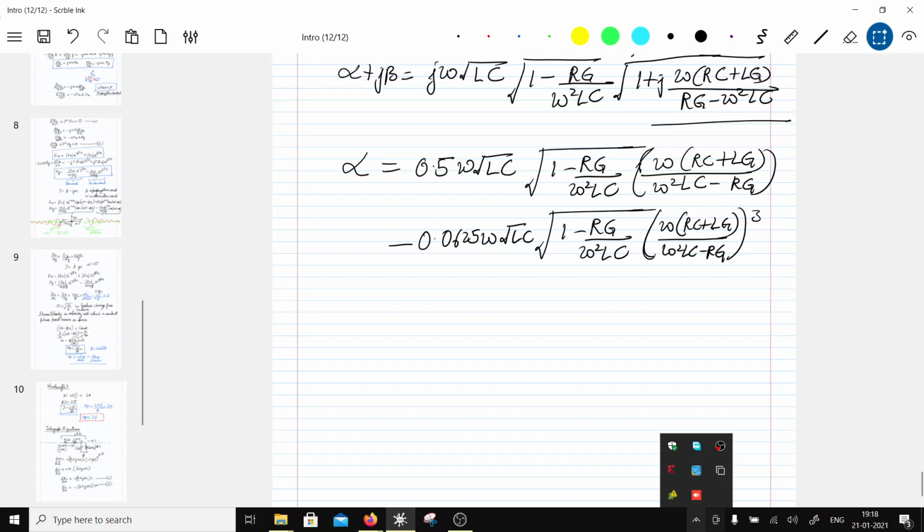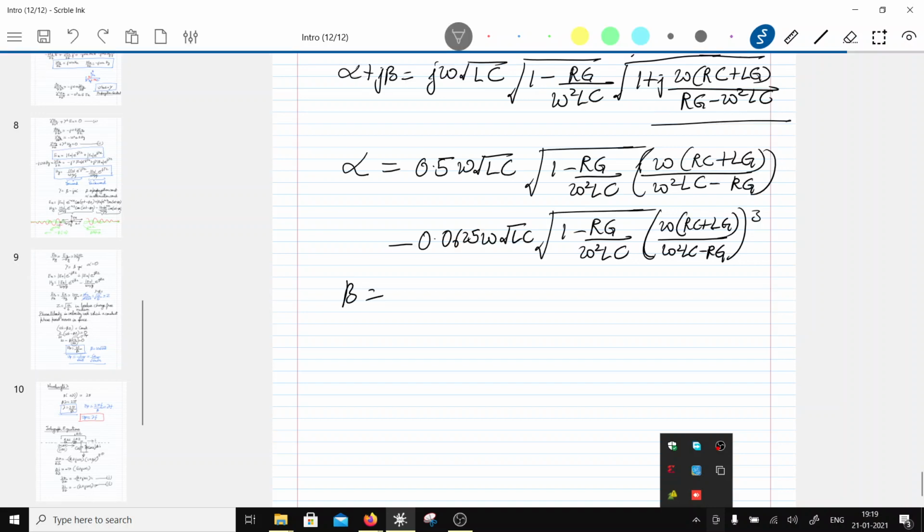So this is your alpha, and beta would be equal to, so now if you assume R and G to be 0, then these terms would disappear.